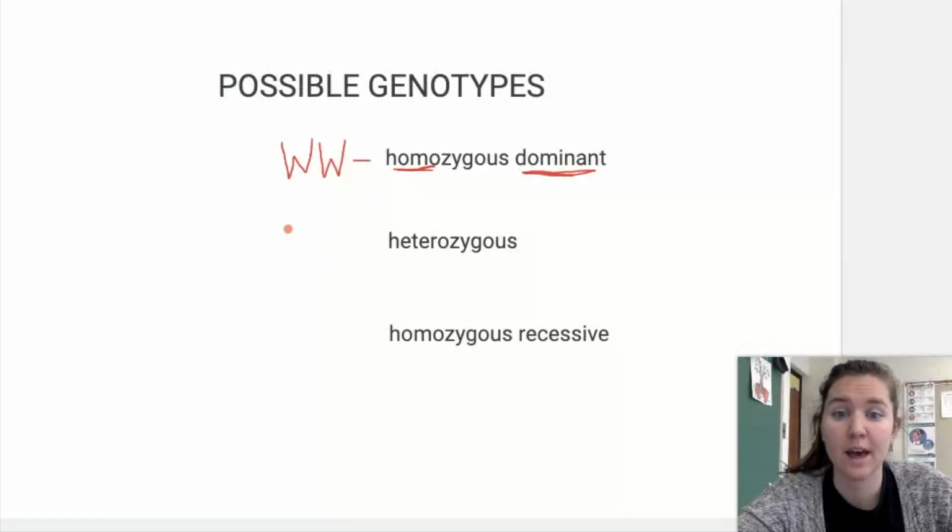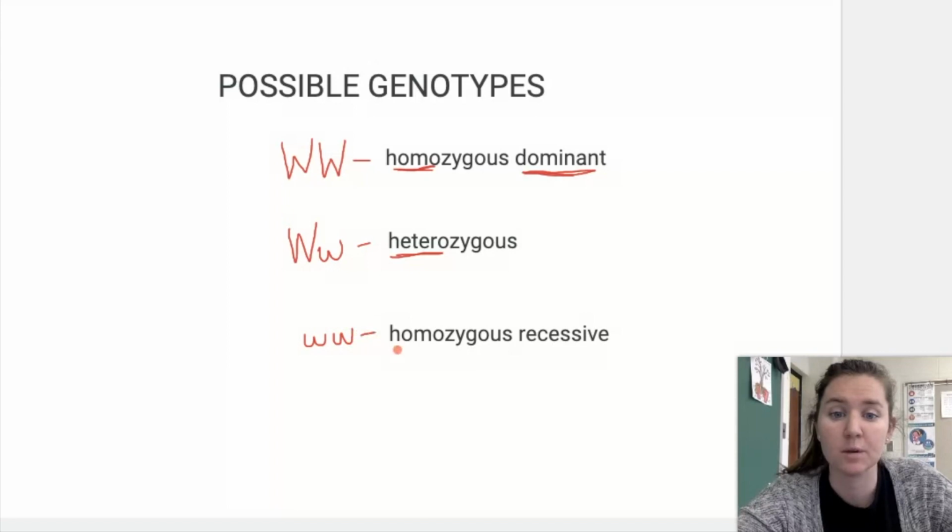Now, if they have one dominant allele and one recessive allele, then it's called heterozygous because hetero means different. So, heterozygous, the two alleles are different. And then lastly, they could have two recessive alleles. That would make them homozygous recessive because the alleles are the same and they're both recessive.